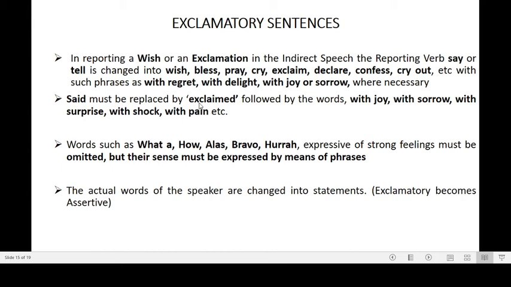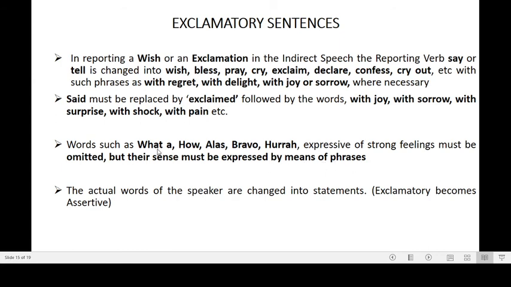The reporting verb should be exclaimed along with the kind of emotion or the kind of feeling the sentence is expressing. Words such as what a, how, alas, bravo, hurrah, are expressive of strong feelings and they must be omitted, but their sense must be expressed by means of phrases.